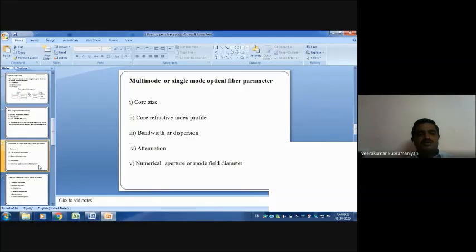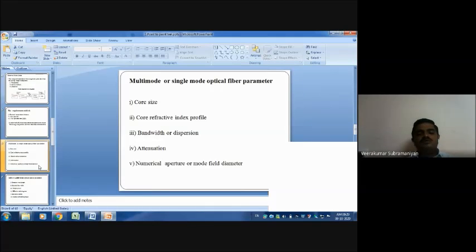Then bandwidth or dispersion, how much bandwidth you have to select. By selection of that particular bandwidth, how much loss, pulse broadening or pulse overlapping, is produced. That's called dispersion. Then fourth one is attenuation. Based on the selection of the above three, it produces a certain amount of attenuation.